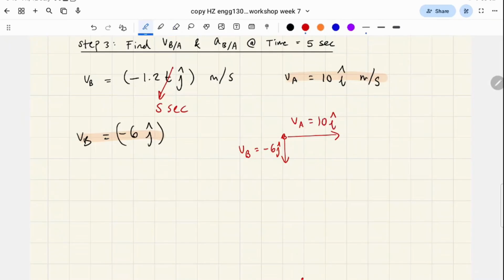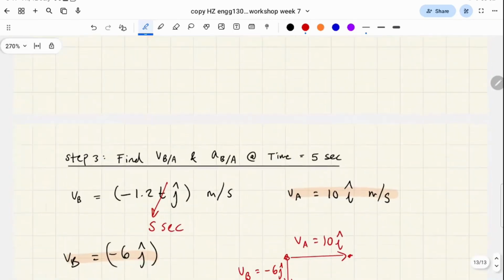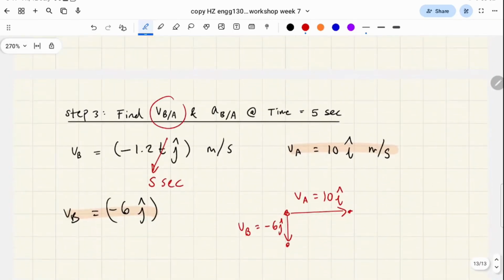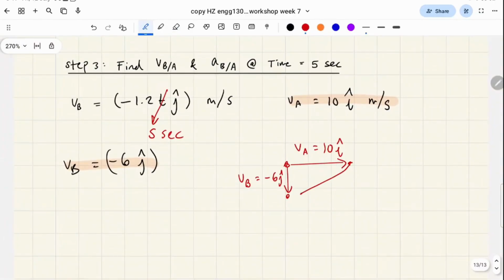Like that, yep. And then basically, if we want an expression of, what did it say? Velocity of B relative to A, right? That's VB slash A. We have to do this, right?